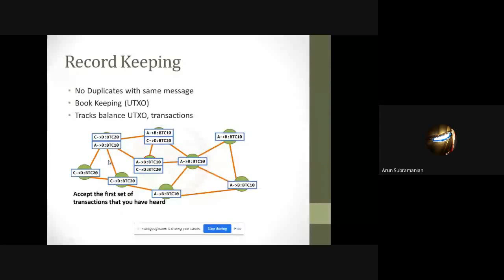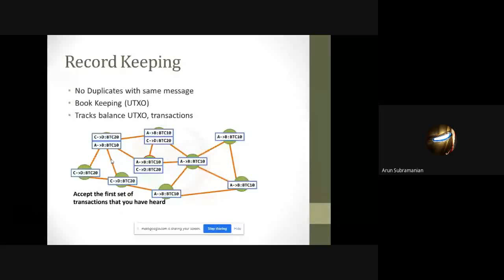If node A says it wants to spend 10 Bitcoins, it should have the proper balance in its wallet. All nodes know the peer nodes and digital wallet balances, so that is transparent.